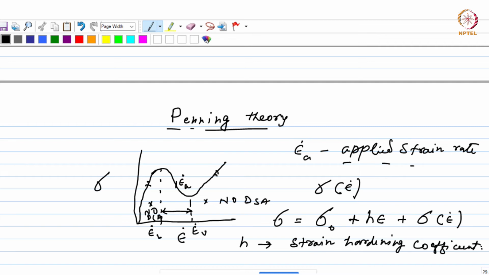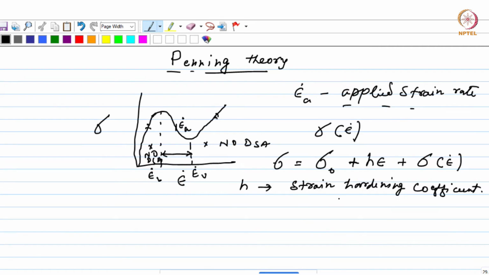Okay. So now what we are going to do, we are going to simply differentiate this equation with respect to time. Okay. And let us see what happens. So the left hand side will simply become sigma dot. That is nothing but the first derivative of sigma with respect to time, right? And the right hand side will become like this.